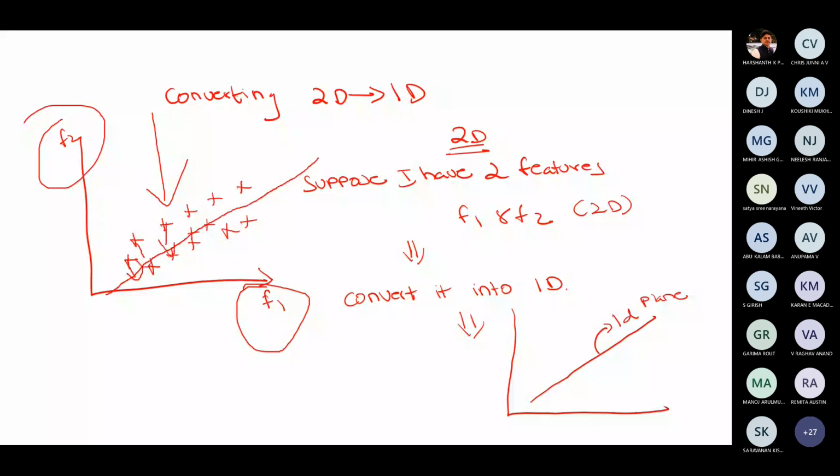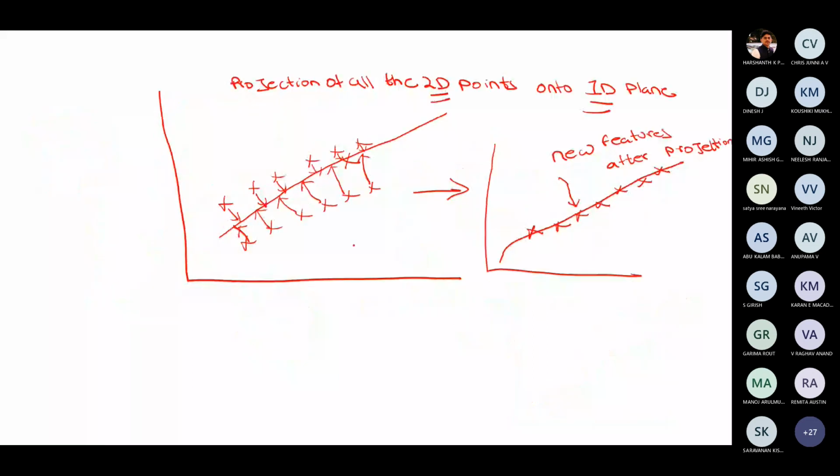Yes. Since I have mapped all the points onto the line, all the points lie on one line. This is my 1D. This is converting from 2D to 1D. So the projection of all the 2D data points, I have mapped it, and my new features are these.